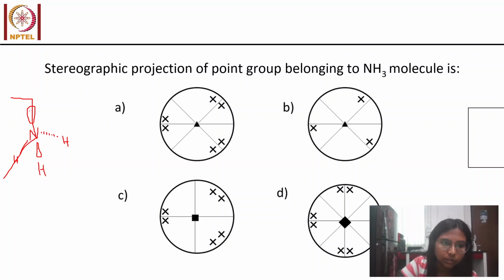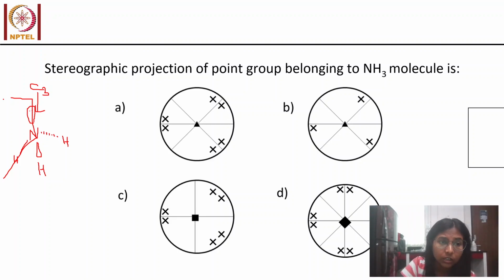Since the C3 is along this direction and the sigma v is also along this direction, this will not be C3h, because a horizontal mirror is perpendicular to the principal axis, but the mirror we have here is parallel to the principal axis. So the molecular symmetry of the ammonia molecule will be C3v.